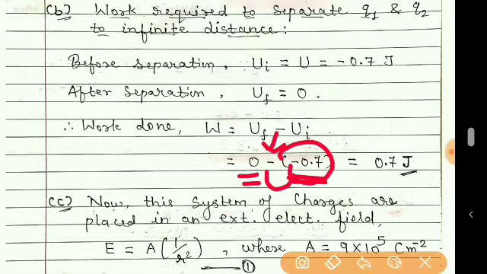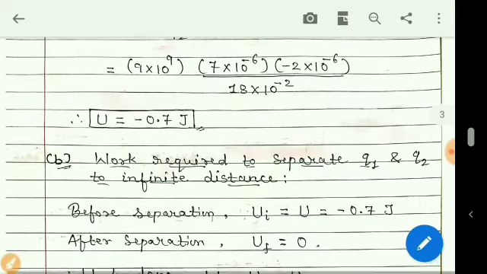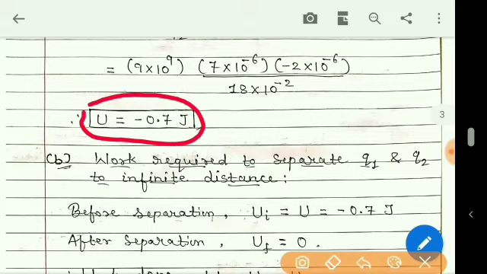So minus into minus is plus. Hence the work required to be done to separate them to infinity is 0.7 joule. You can easily remember in short that whatever the potential energy is, its opposite will be the answer.